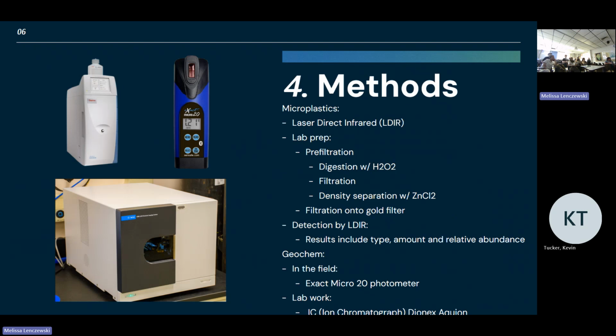But to give you a little more information on how the microplastics work as well, we'll be using the LDIR, a laser direct infrared imaging system, that consists of quite a bit of lab prep.